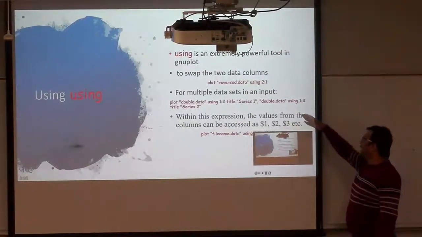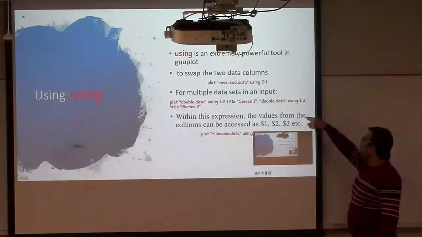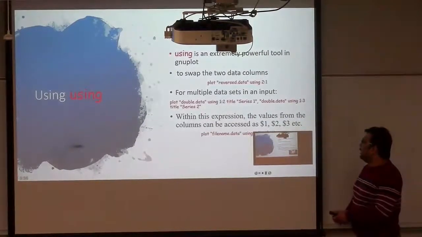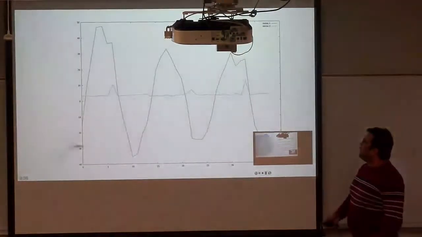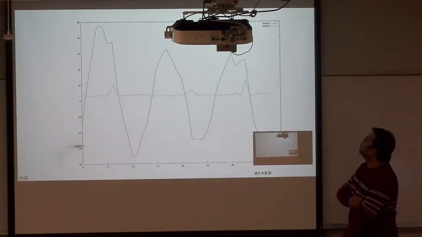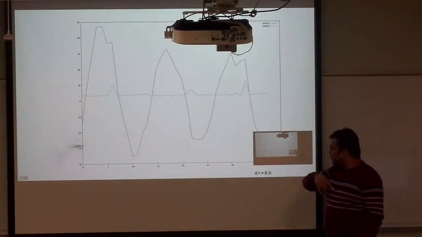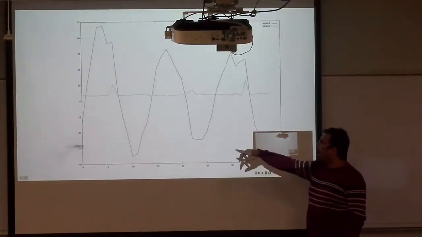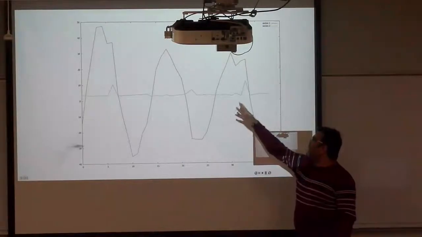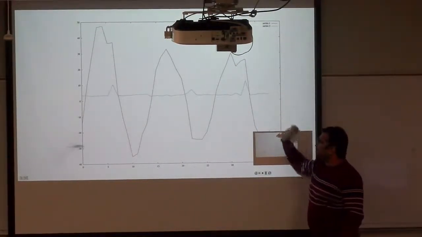Then with a comma, I can give another command using 1:3. I made a file for myself just to see what happens here. With that command, I have found that this is 1:2 for this one, and 1:3 for this one.